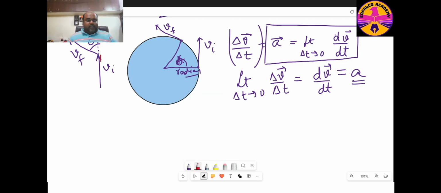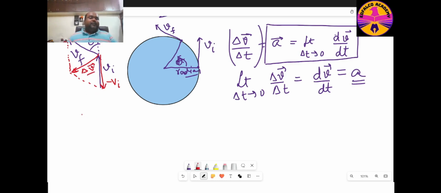So instead of this vi, I will draw this one, which is minus vi, just in the opposite direction. Then the resultant of these two, vf plus minus vi, will be nothing but vf minus vi, which is delta v. So I will do the parallelogram law of addition, and this vector over here is my vf minus vi, representing my delta v vector.